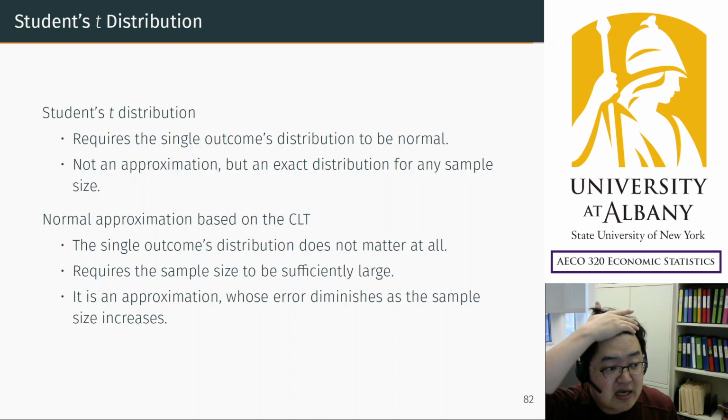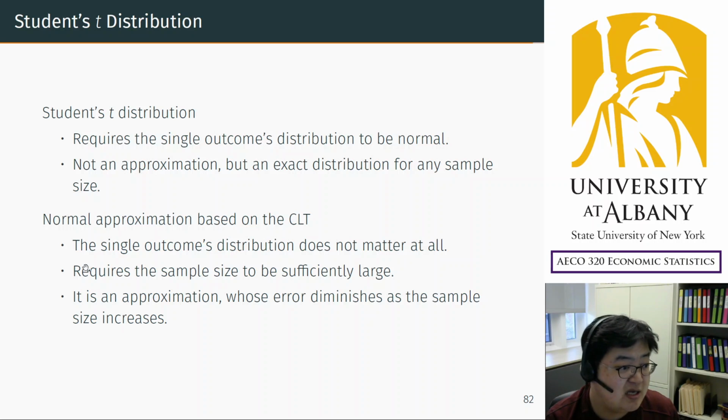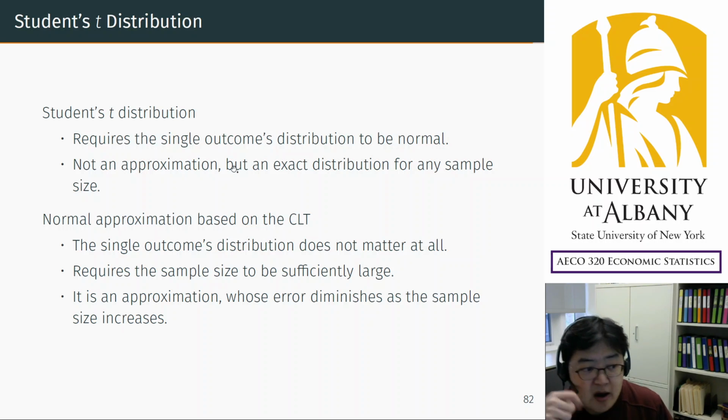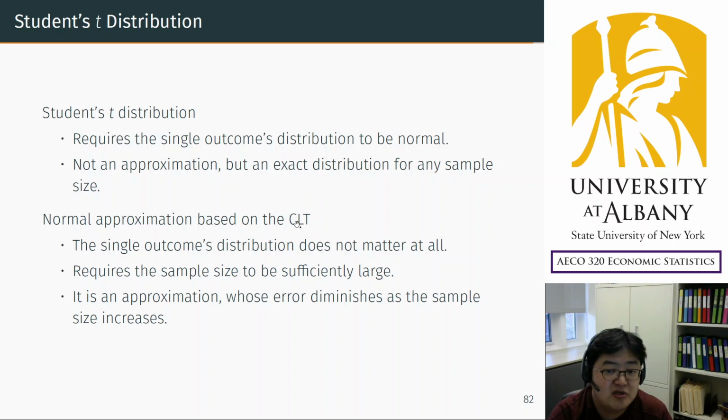Even if the dice was unfair, still the limit is normal. So it doesn't require any distributional assumption. But in the Student t distribution, if the assumption was correct, it was not an approximation. It is an exact analytic distribution for any sample size. But the normal distribution approximation is an approximation, assuming large sample size.